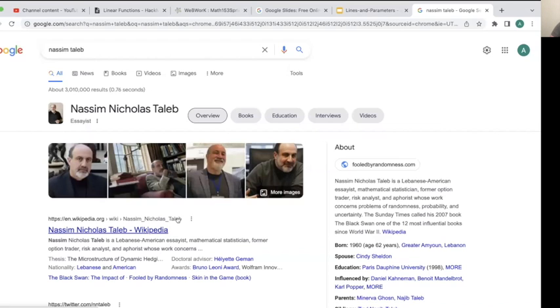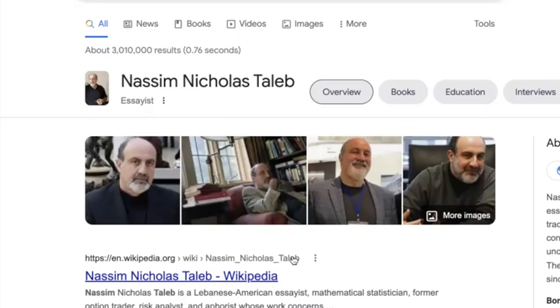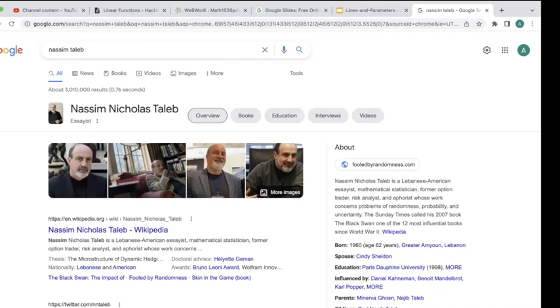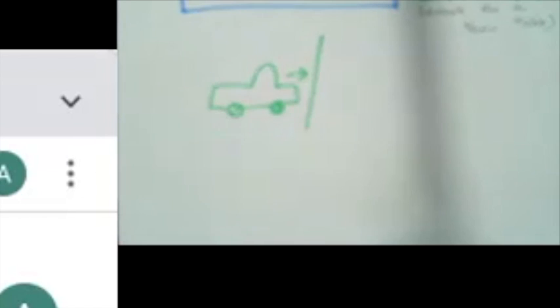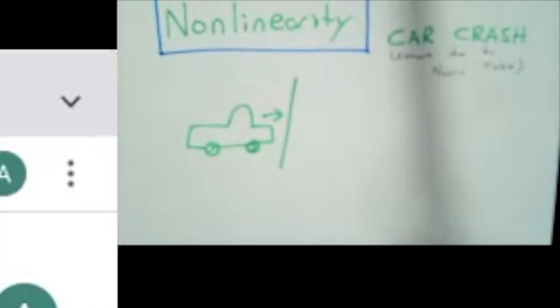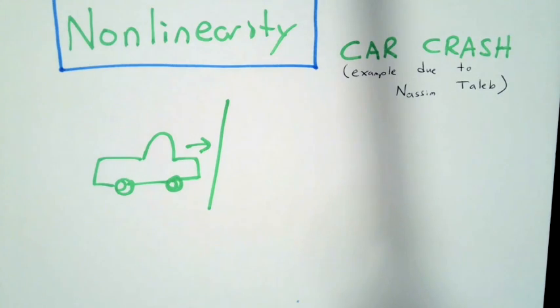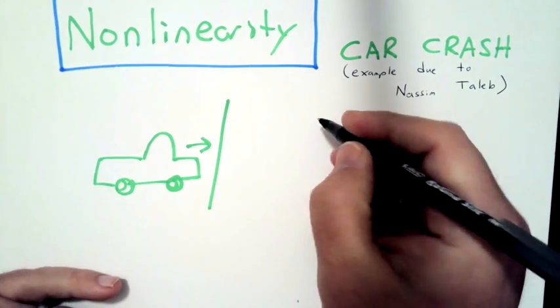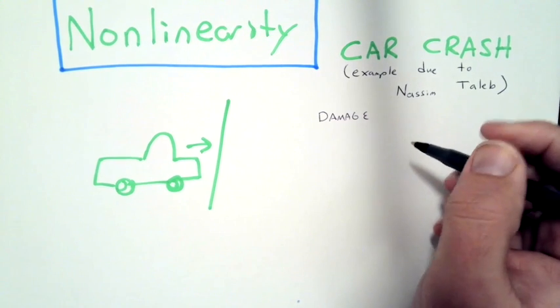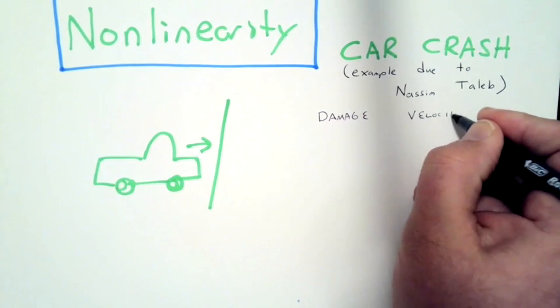The example that I'm going to give now is due to Nassim Taleb, who is one of my favorite thinkers. I'd highly encourage you to seek out his work. Nassim Taleb discusses the example of a car crash. Imagine that I am crashing my car into the wall. And let's suppose that I am tracking the damage as a function of velocity and number of crashes.